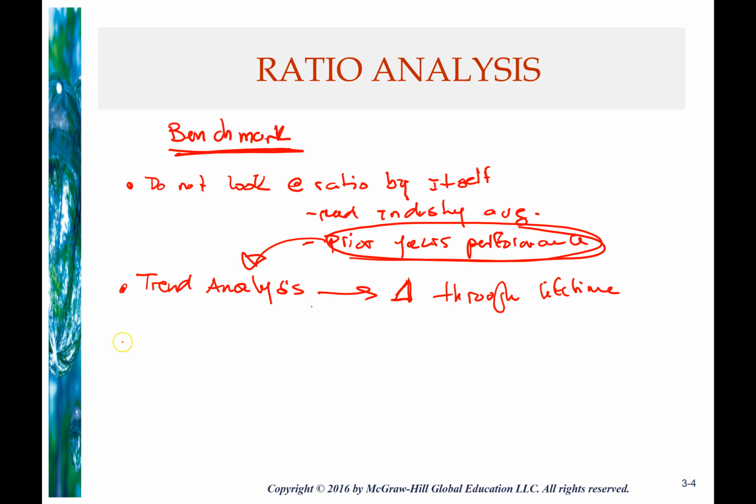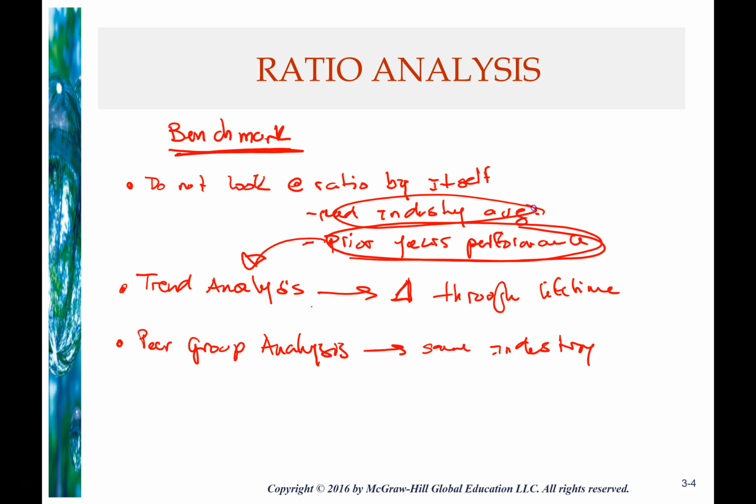And the third point I'm going to make is a peer group analysis. Peer group analysis is simply comparing companies within the same industry. And this is exactly the same as this point. Okay, so in order to do a great ratio analysis on a company, you need to understand benchmarking.